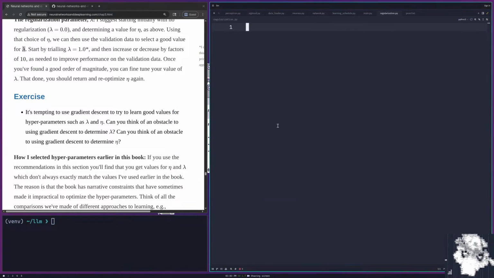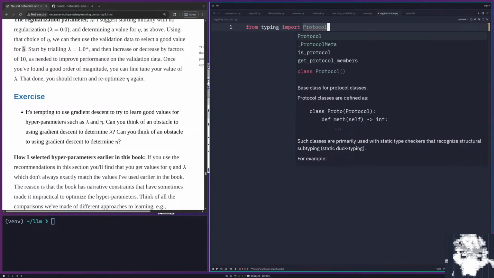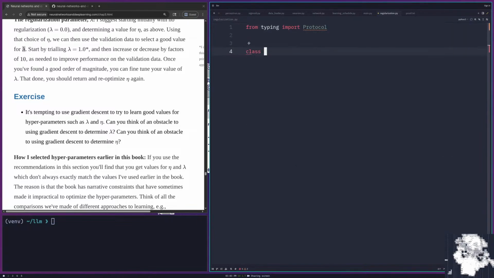Regularization.py. From typing import Protocol. Class Regularization implements Protocol. What does it have?